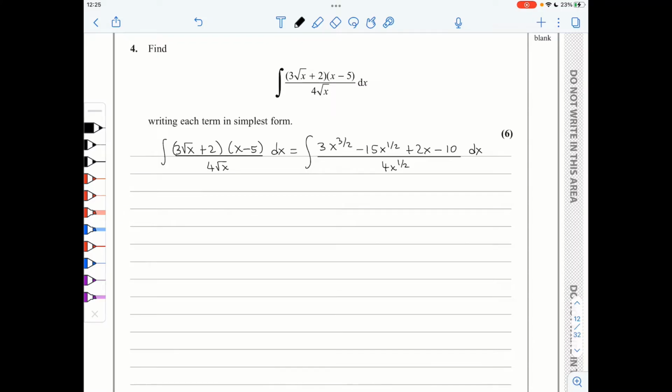I now need to express this in a term by term case.